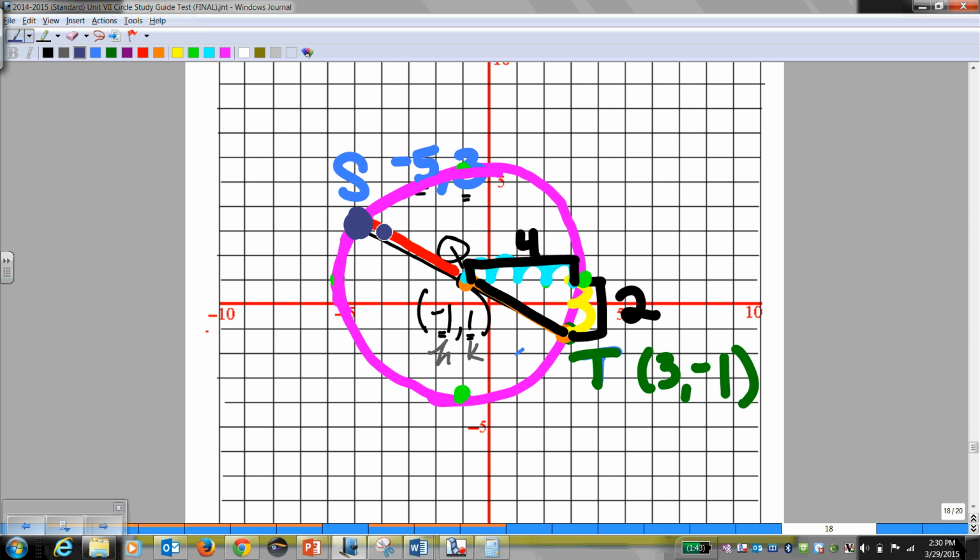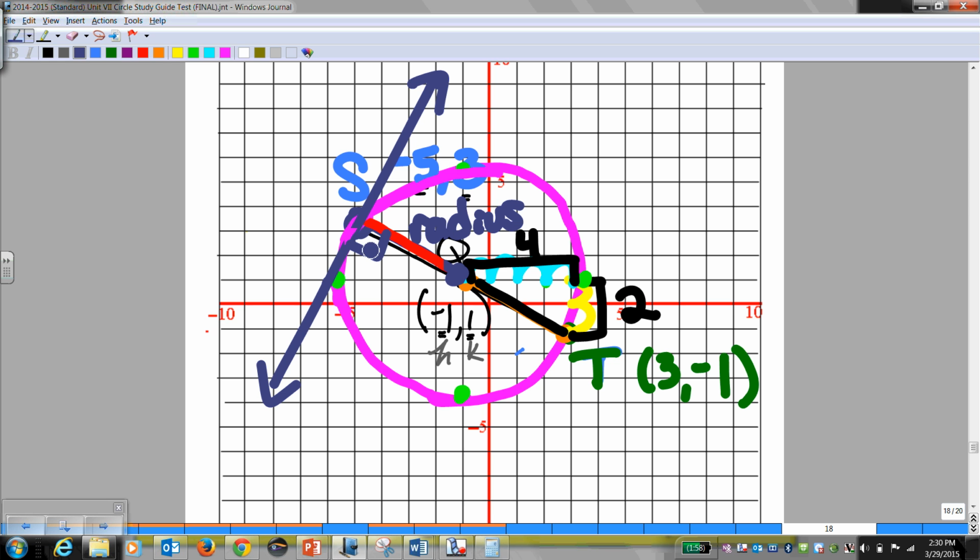Remember, if we're tangent, technically at point S, that's a radius. So we know this: tangent to a radius, right angle at the edge. So when we draw this line, there's going to be a right angle here.